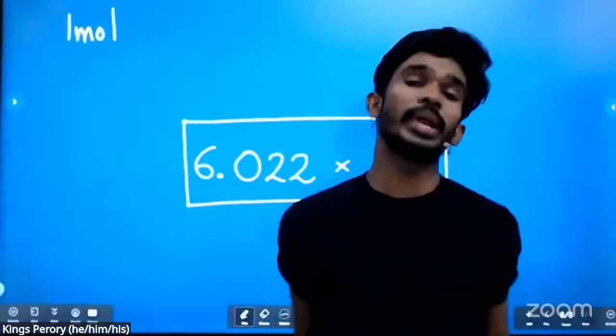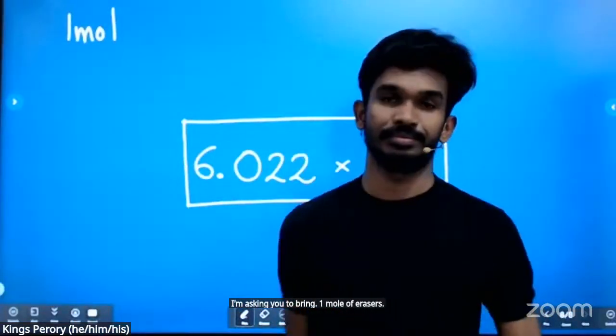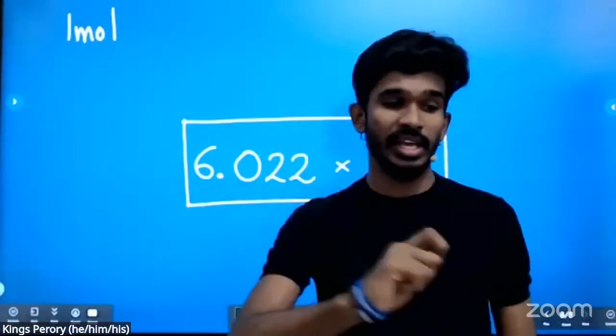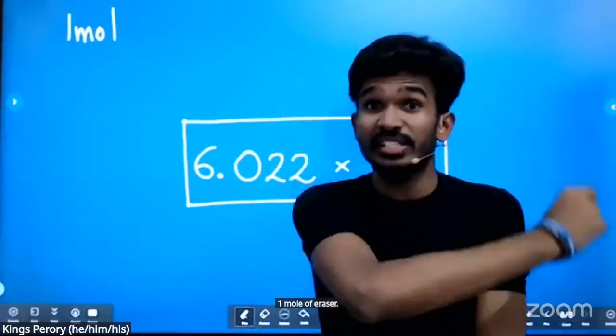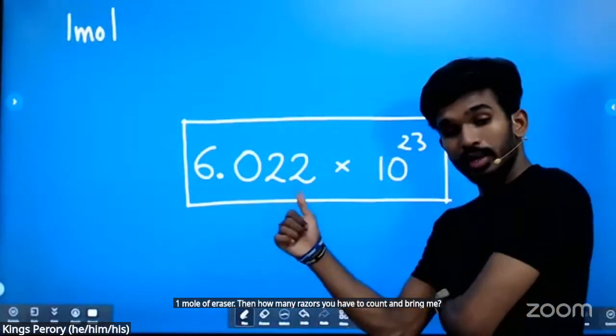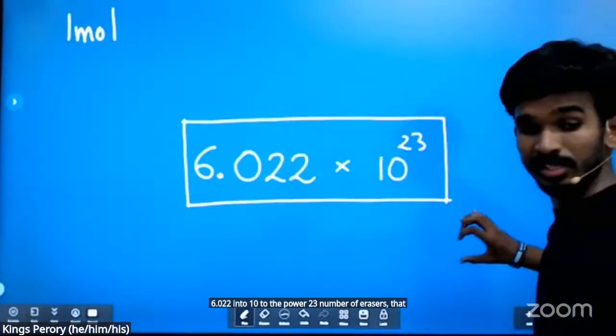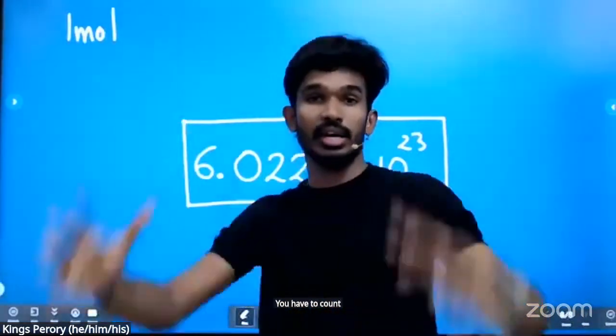I'm asking you to bring 1 mole of erasers. Then how many erasers do you have to count and bring me? 6.022 into 10 to the power 23 number of erasers. That big number of erasers you have to count, pack in a container and bring me.